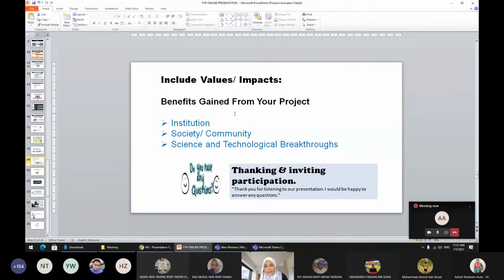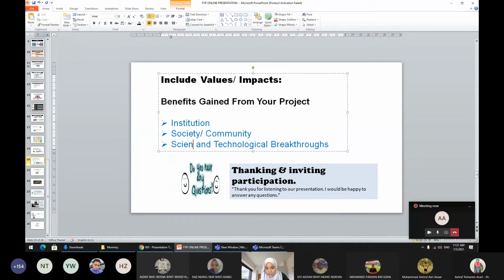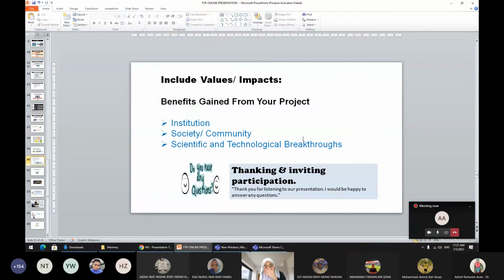The values and impacts. That means the benefits gained from your project. How does it benefit your institution? How does it benefit the society and community? Or whether it gives a scientific and technological breakthrough.